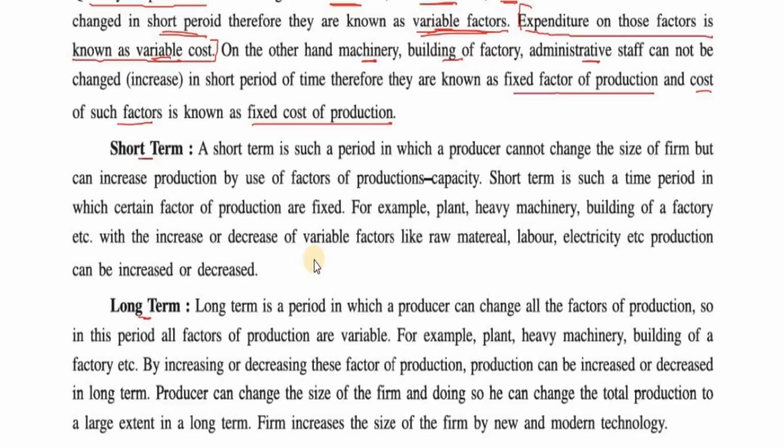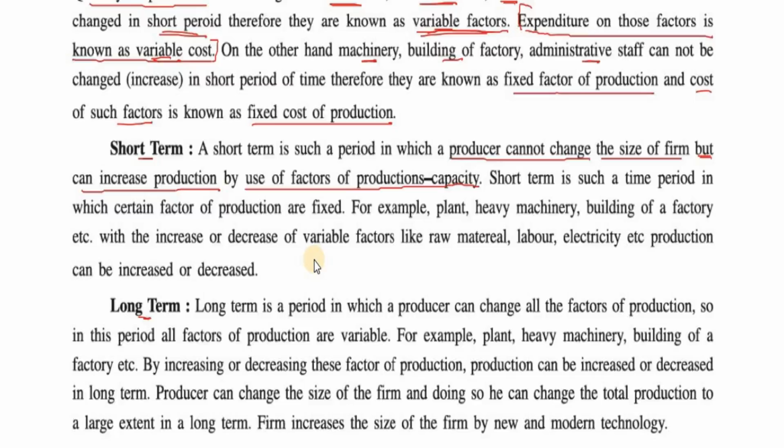So a producer cannot change the size of firm, but he can increase, right? But let's see, the big but is there, but he can increase production by use of factor of production's capacity. So what I do is, like what I told you, that you have one machine, you cannot get two machines immediately in the short term. What you will do is you will employ more labor to increase production.